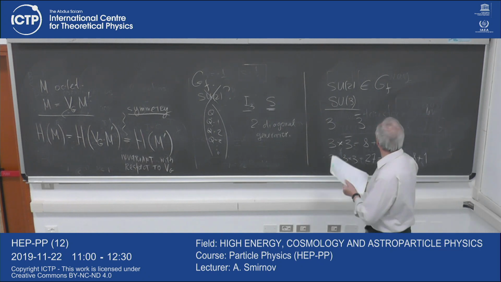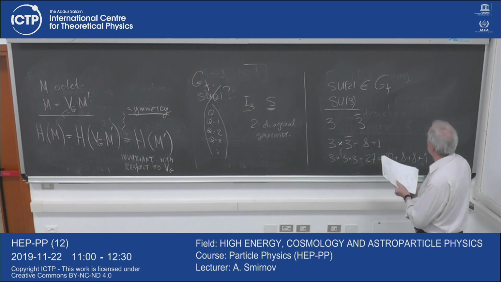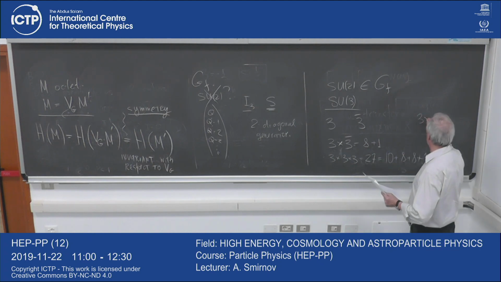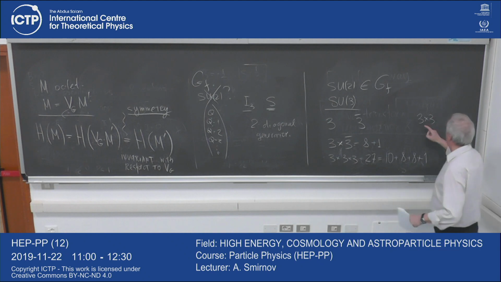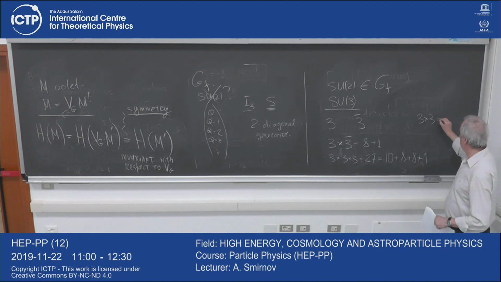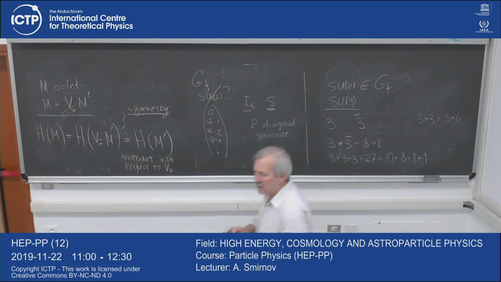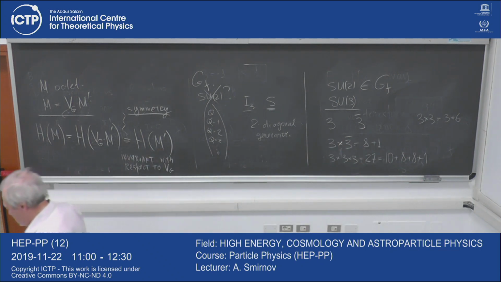We also can consider 3 times 3, without the conjugate. That equals 3-bar plus 6. Right? So you had this in your group theory course.